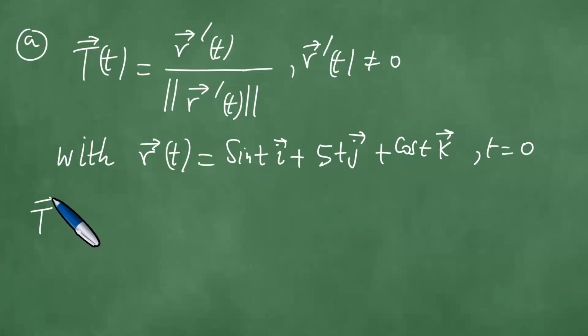And then it means therefore the vector T, the unit tangent vector, is the derivative of this. What is the derivative of this?